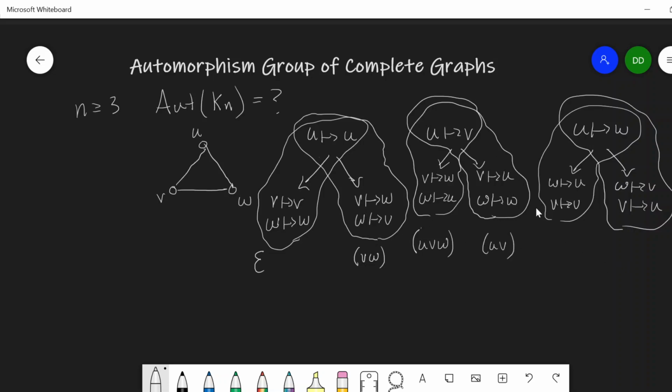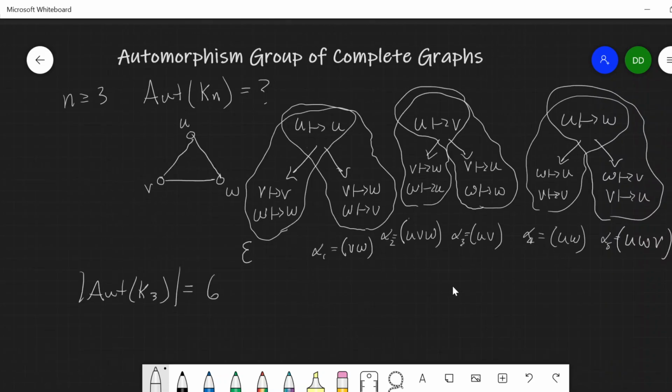So maybe I'll call these alpha 1, alpha 2, alpha 3, alpha 4 here. I'm sending U to W and W to U, swapping U and W. And then this other cycle: U to W and W to V, and then V back to U. I'll call that one alpha 5. And so it looks like we have 6. So the order of the automorphism group of K3 is 6.